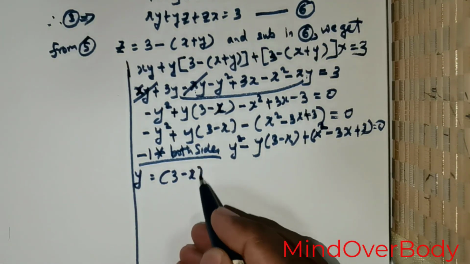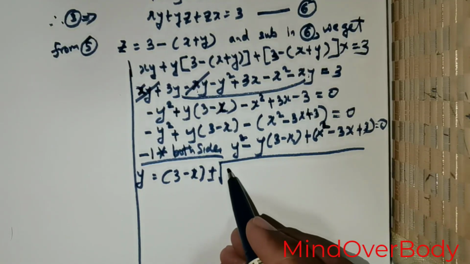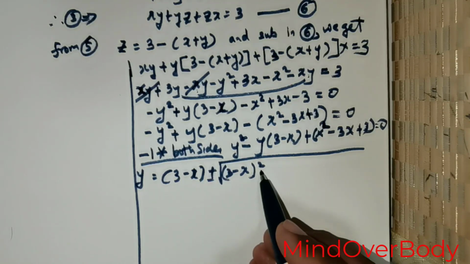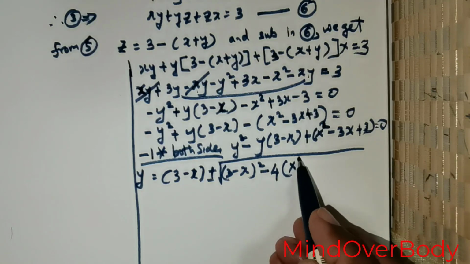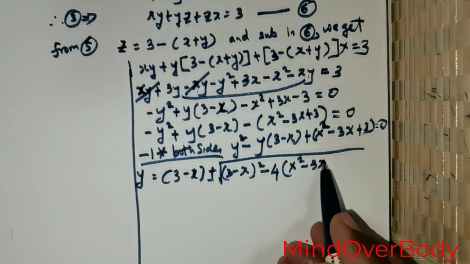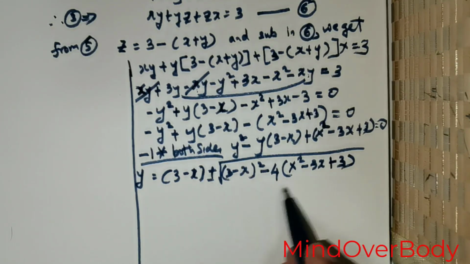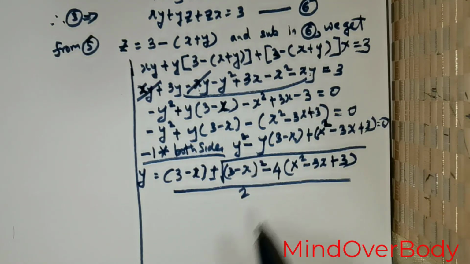So y equals (3 minus x) plus or minus the square root of (3 minus x) raised to the power of 2, minus 4 times this entire quantity, x squared minus 3x plus 3. Okay, 4ac, divided by 2 times a. 2 times a is 2.